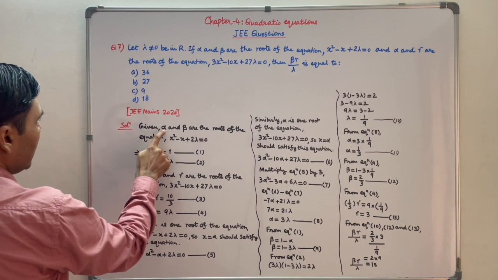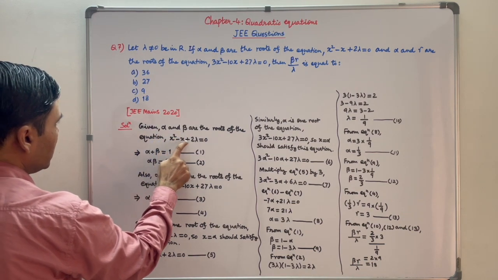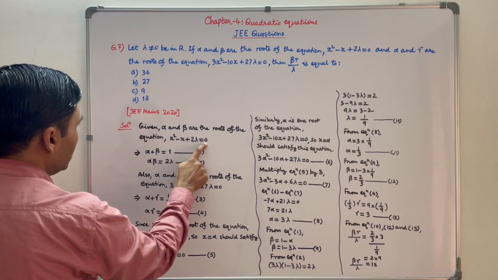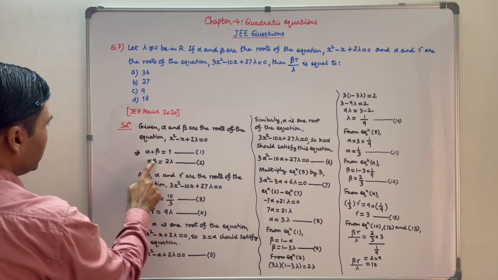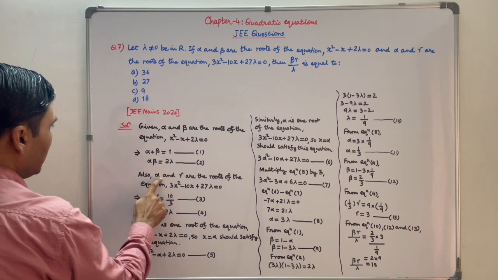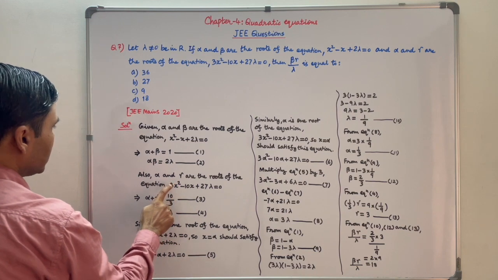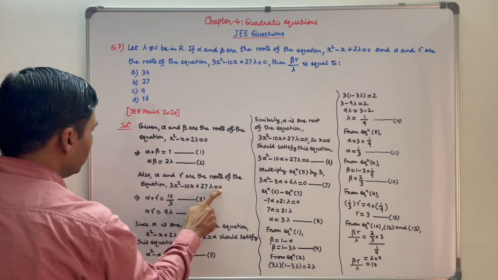It is given that alpha and beta are roots of the equation x square minus x plus 2 lambda is equal to 0. So we can write alpha plus beta is equal to 1 and alpha beta is equal to 2 lambda. Also, it is given that alpha and gamma are roots of the equation 3x square minus 10x plus 27 lambda is equal to 0.